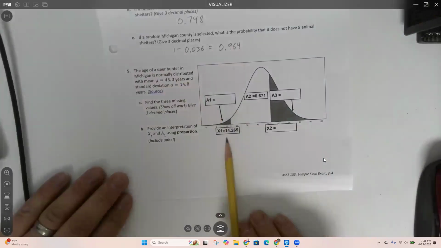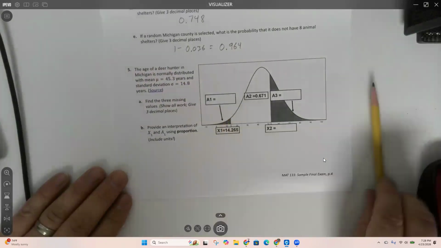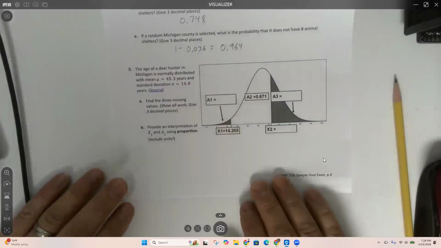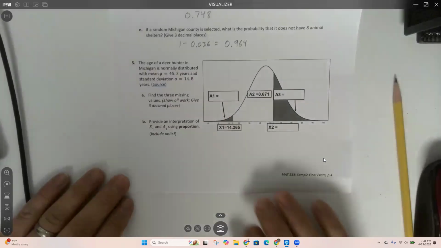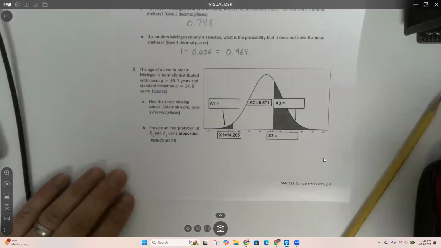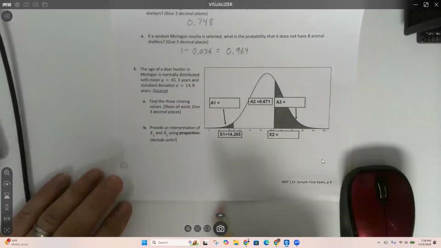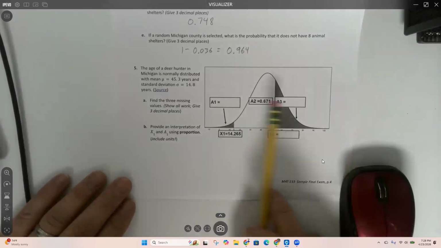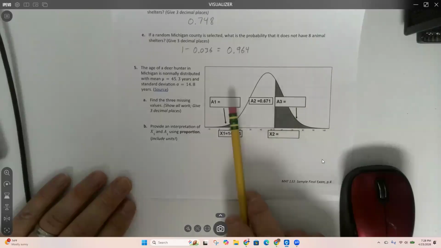So to find A1, what do I need to do? These 3 numbers add up to 100%, add up to 1. I don't know A3 yet, so I can't find it that way yet. I can't do 1 minus.